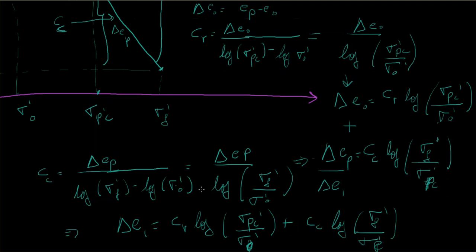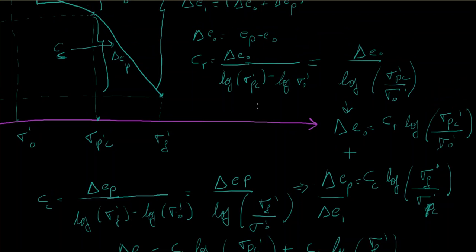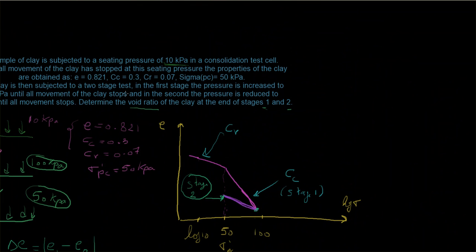Now we just need to substitute the numbers in. If you remember, CR was given as 0.07, CC as 0.3, and sigma PC is 50.